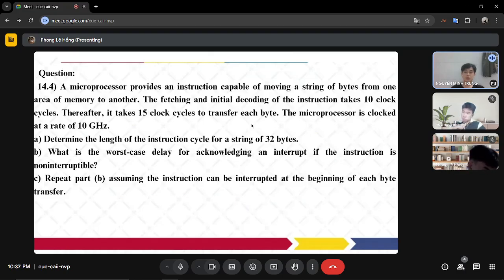The microprocessor is clocked at a rate of 10 GHz. A. Determine the length of the instruction cycle for a string of 32 bytes. B. What is the worst case delay for acknowledging an interrupt if the instruction is non-interruptible? C. Repeat part B assuming the instruction can be interrupted at the beginning of a byte transfer.